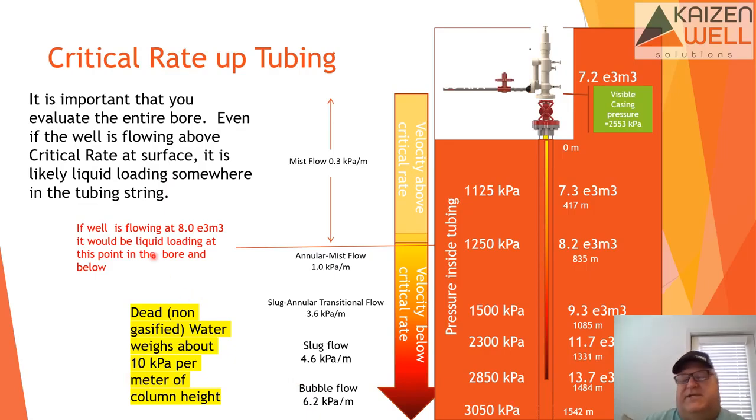If you looked at just basically dead liquid sitting there, it's about 10 kPa per meter that it would be pushing down on your formation. So basically, when we're in mist flow, we're lifting all that fluid and carrying it in a nice misted fashion.